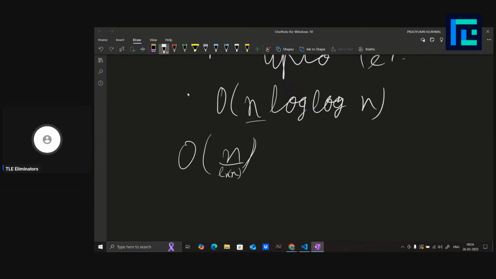The number of primes less than or equal to n is approximated by n upon ln n, which is the natural log of n. I mean, this is one fact that you might want to know.